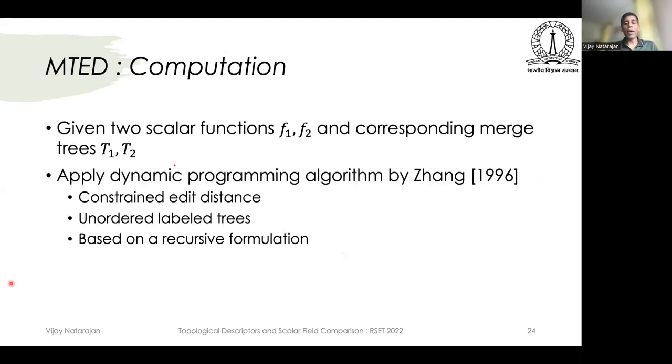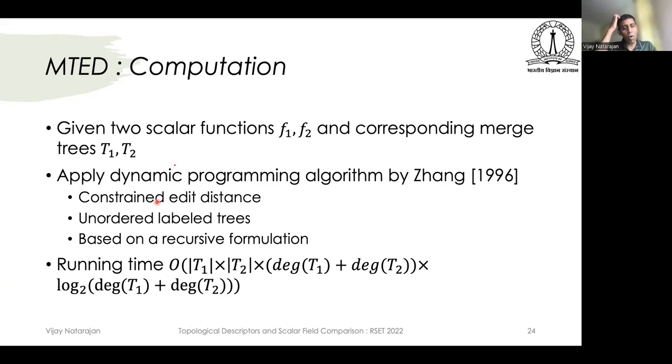So again, given two scalar functions and assuming that the merge trees are also given, right? There is a nice dynamic programming algorithm due to Zhang, several years old, that works for unordered labeled trees and supports the constraints that we talked about. And the algorithm is based on a recursive formulation.